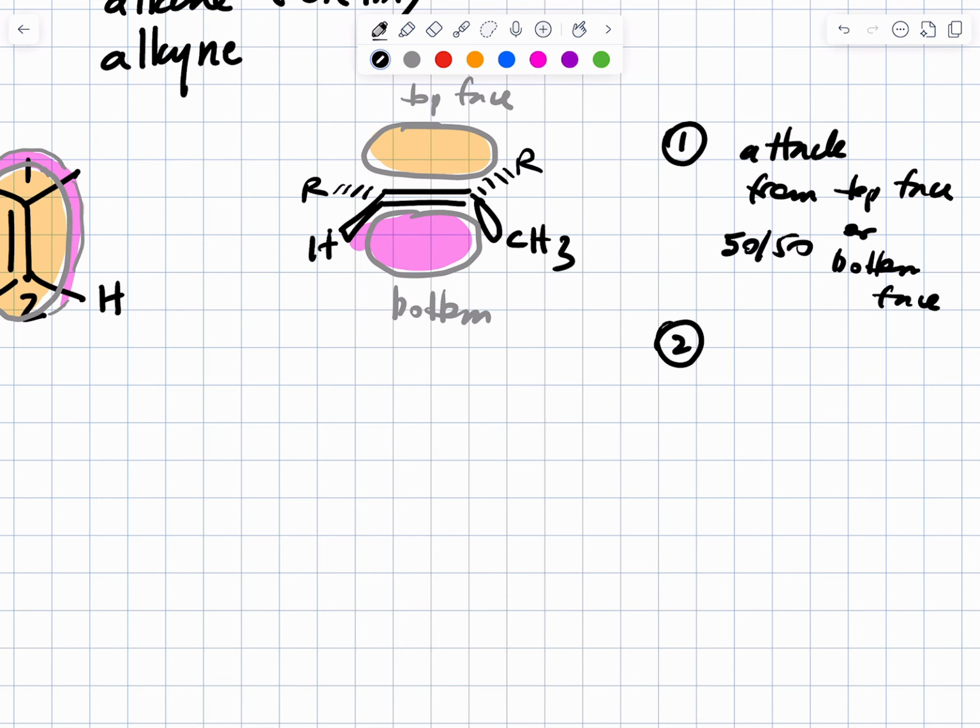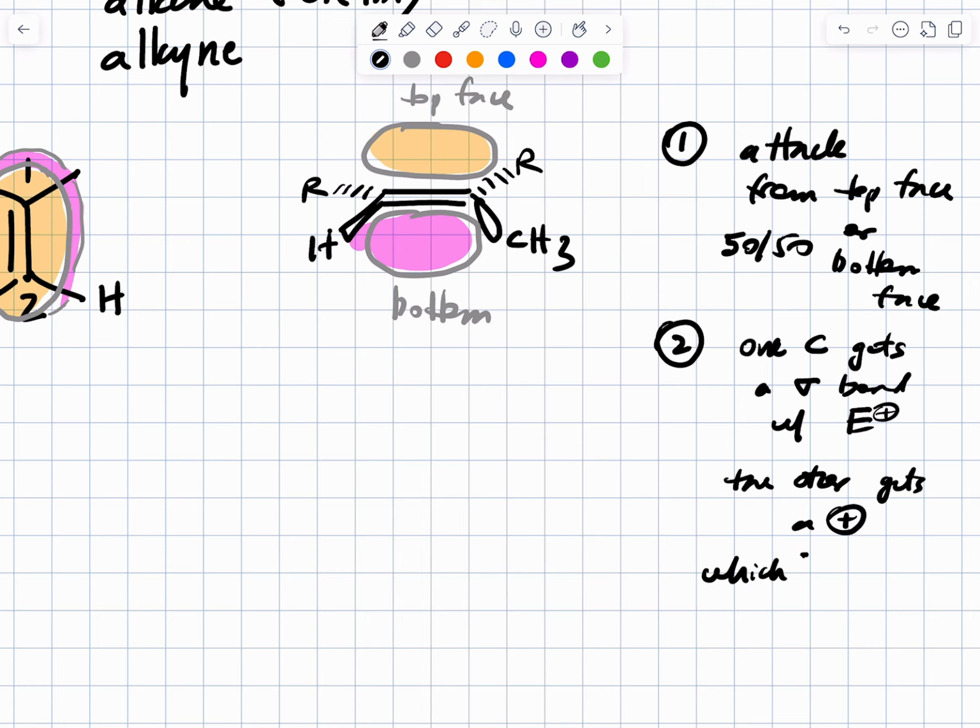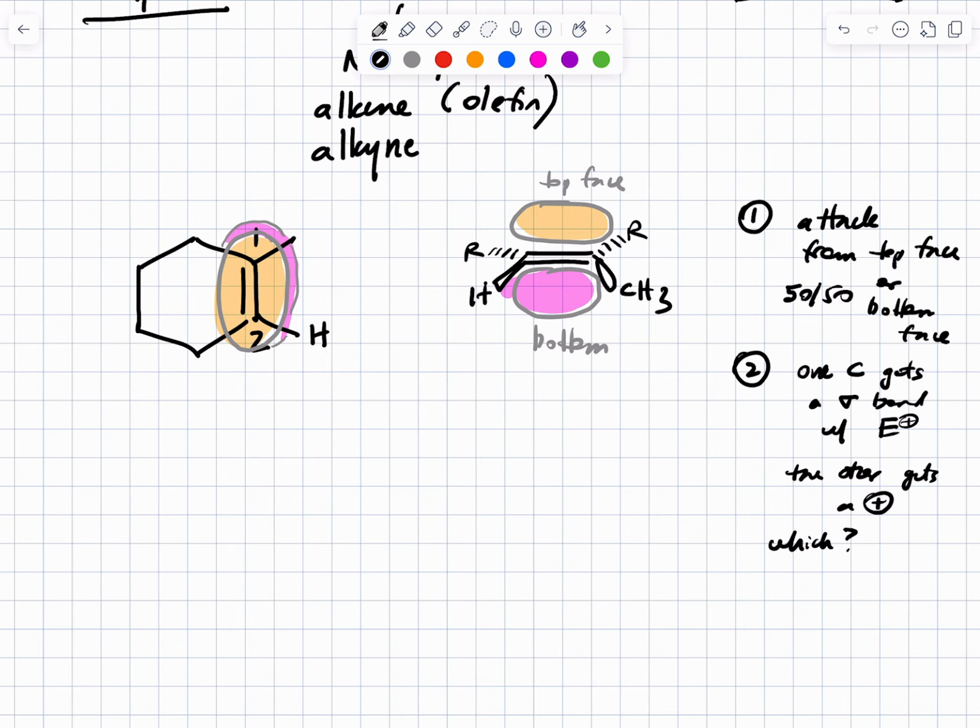So one carbon of the alkene gets a sigma bond with whatever the electrophile was. The other gets a positive charge. And you're going to have to figure out which. Okay? So let's actually deal with that. We'll deal with both of these issues in the same step.